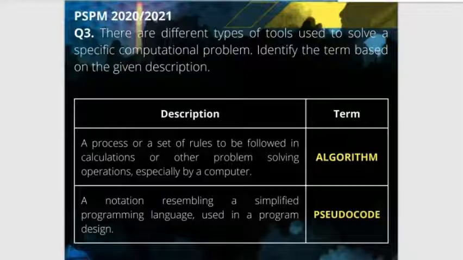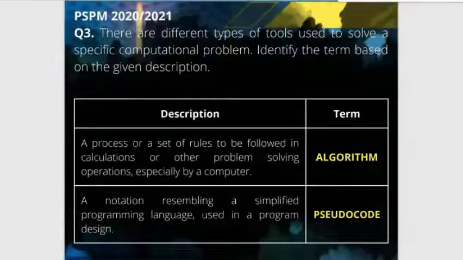All right, next is a notation. Okay, if you don't understand what notation is, it is no problem. You look at another word or you read the full sentence so that you can understand better. A notation resembling a simplified programming language. Okay, the keyword here is simplified programming language, but it is not a program.